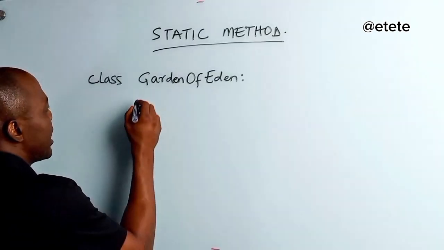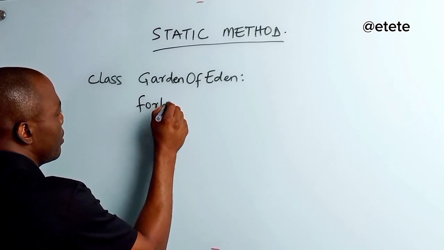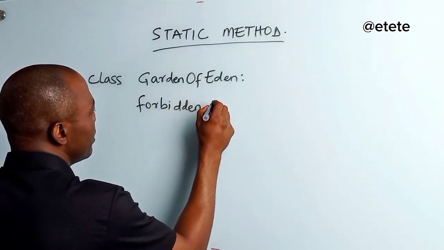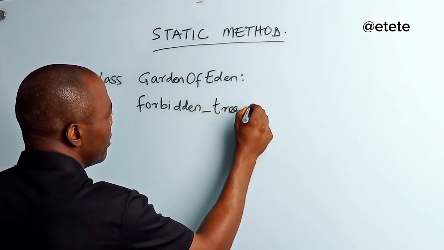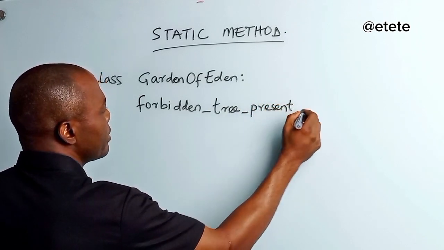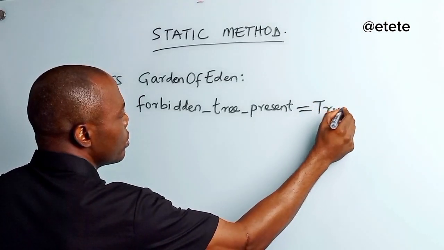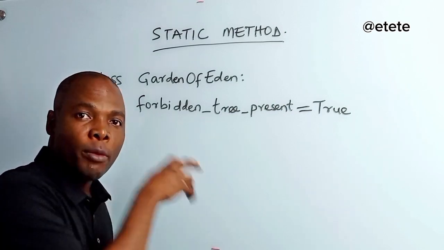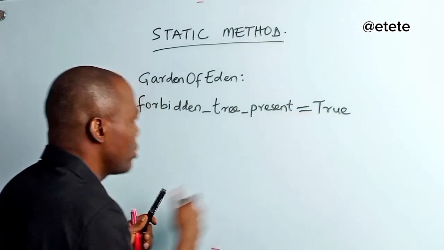Then I will create a class variable, forbidden_tree_present, and then I will assign True to it. What this line simply means is: is the forbidden tree created in the garden? Yes, that is what it means, True.